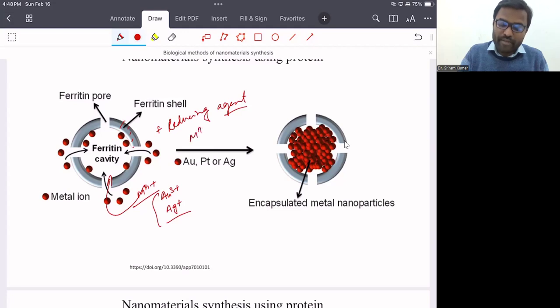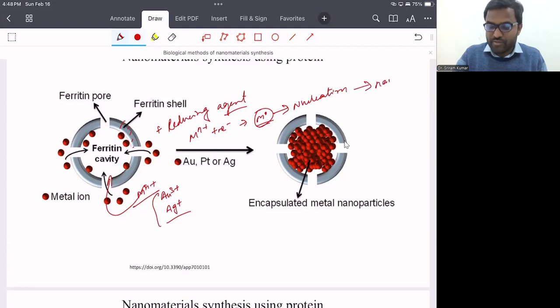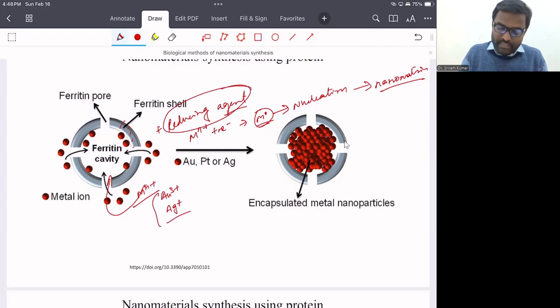We have M n+, and we get M0, and from this a nucleation process happens, and from there the nanomaterial formation. So these are the steps of the synthesis of nanomaterials. So in the presence of the reducing agent, these metal ions get reduced, and we have nucleation for the growth of the nanomaterials.